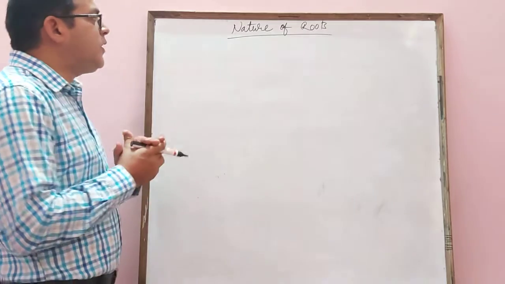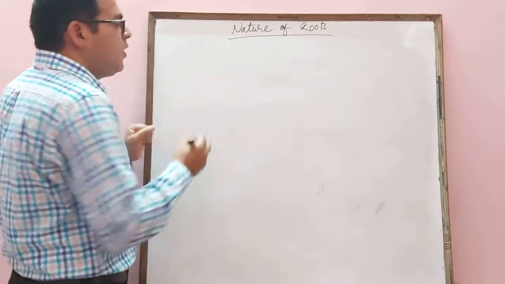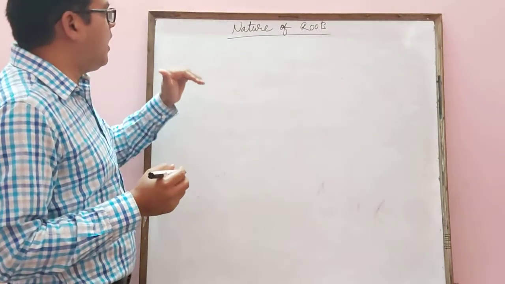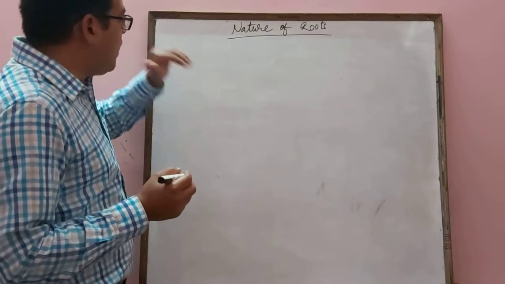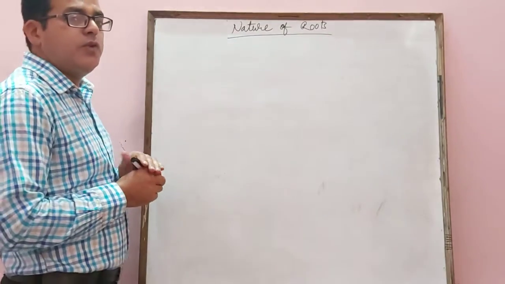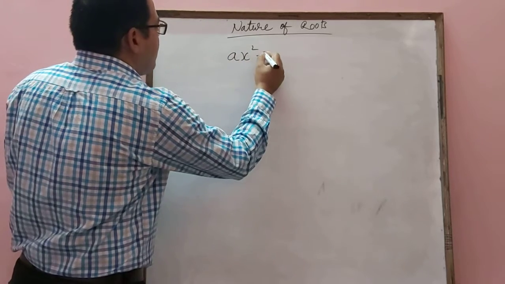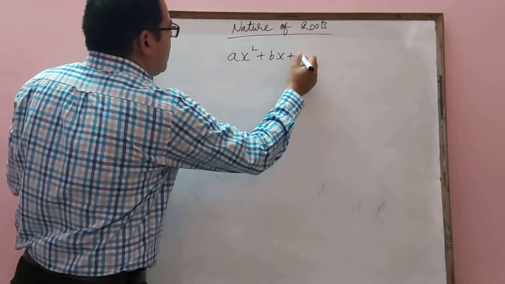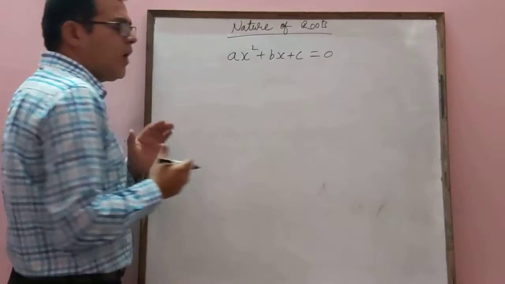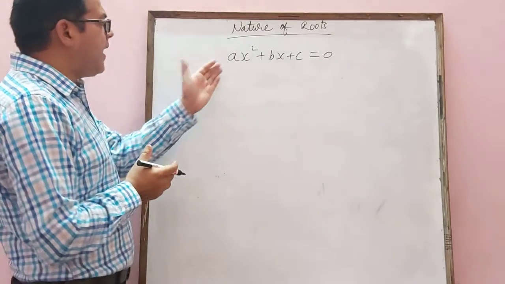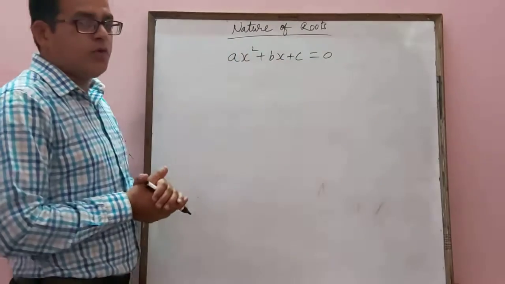So by using the quadratic formula, we will discuss what is the nature of the roots that we are getting. So we know, once again I am reminding you, this is the general form of the quadratic equation: ax² + bx + c = 0.